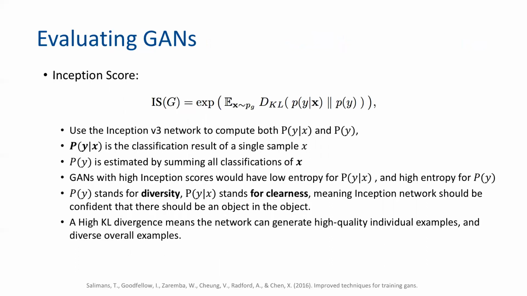Okay, so the last topic is evaluating GANs. I think this is the last topic. A challenge with evaluating them is that there are a variety of problems with the actual natural quality of the images.